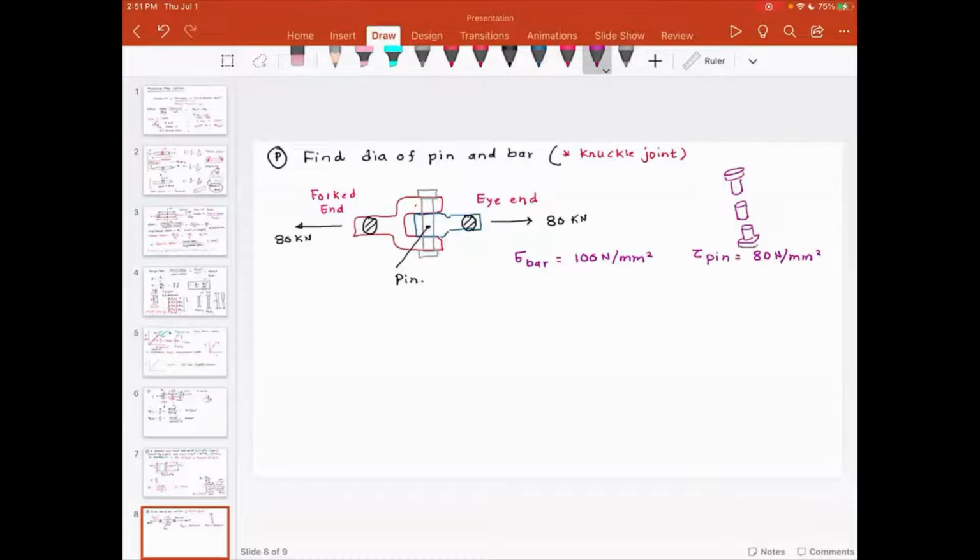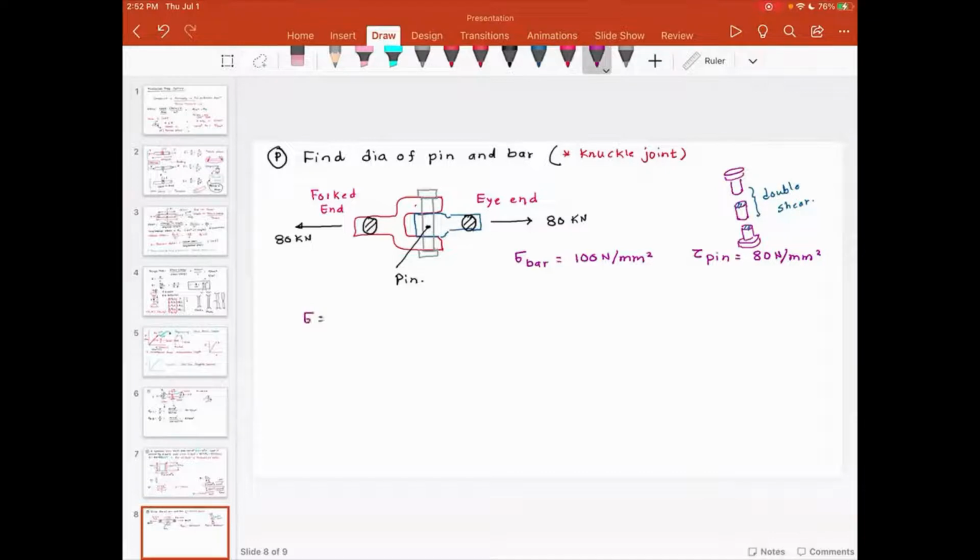So this is how the pin would fail, which means there would be one area here, one area here. So this would be double shear. If I want to find out the diameter of the rod, I need to use the equation for the tensile stress.